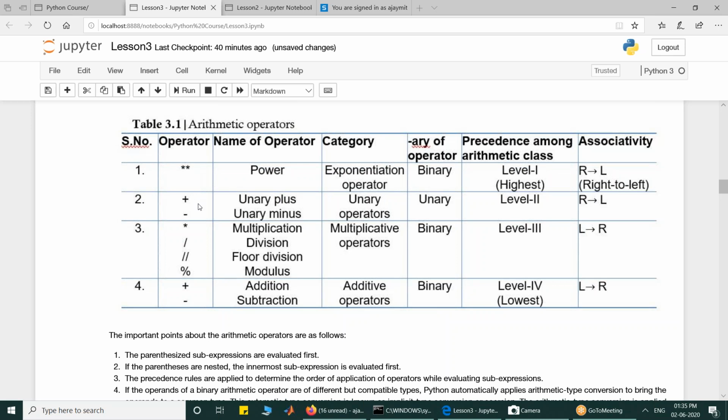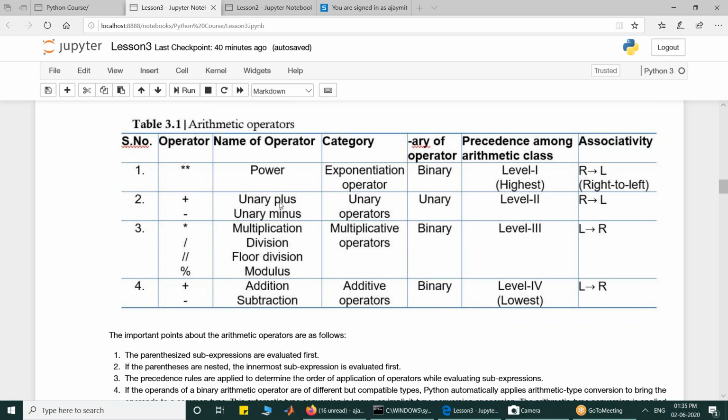So if in your expression plus is coming, minus is coming, then this is going to have the highest precedence. Then comes your unary plus, unary minus, then comes your binary multiply, division, floor division, modulus, and then comes your additive operators plus and minus. So you have associativities as well as the precedence levels there.